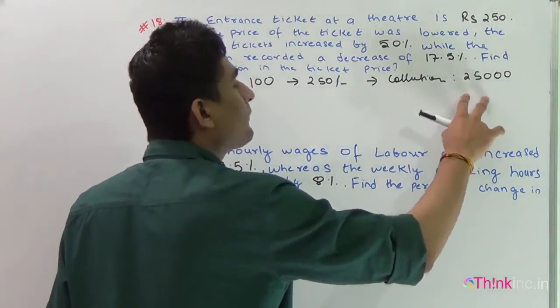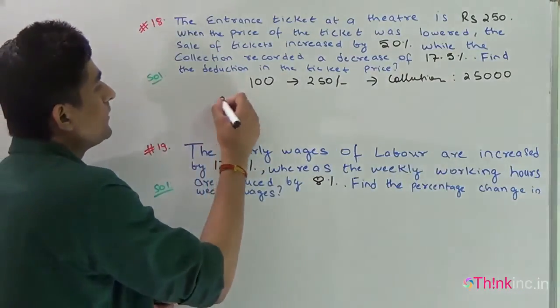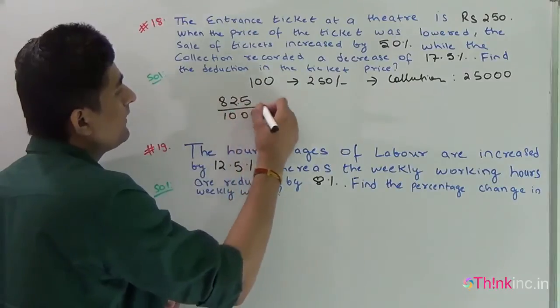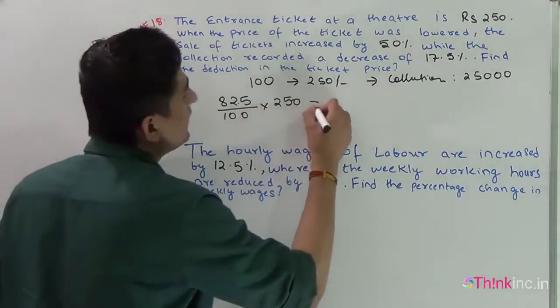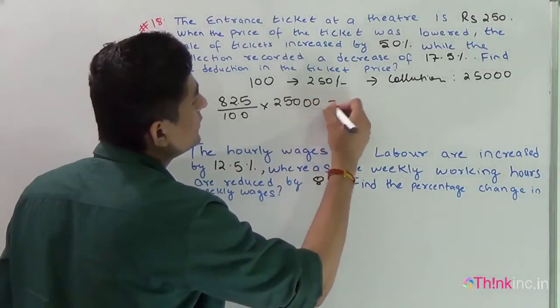Therefore the present collection is 82.5% of 25,000. I can write it like this: 82.5 upon 100 into 25,000, sorry, it's 25,000.